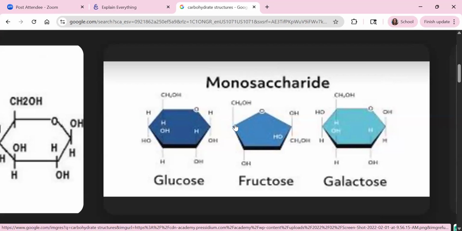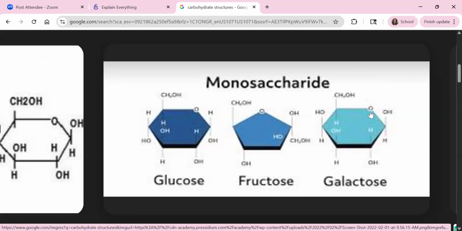This is considered a pentose. This is a hexose, because this ose right here basically means sugar. That's kind of the giveaway. And if you see anything like this, see how we have this oxygen in the ring?